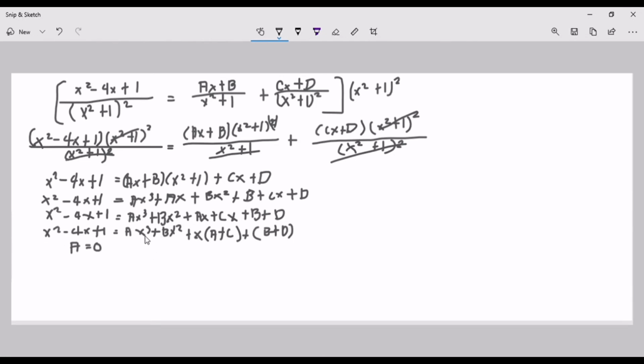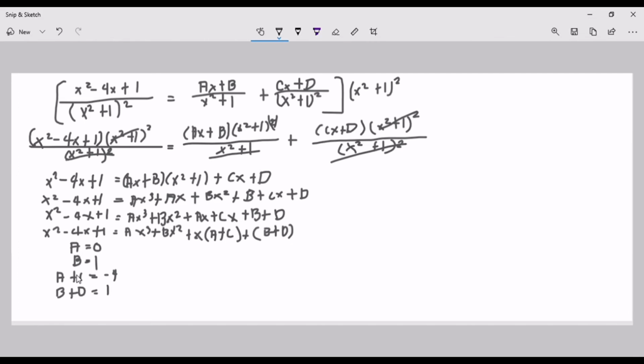Then the second term, which is quadratic, would be equated to the coefficient on the left side, so b equals 1. The coefficient of the linear term, a plus c, would be equated to -4, and the constant b plus d would equate to 1.